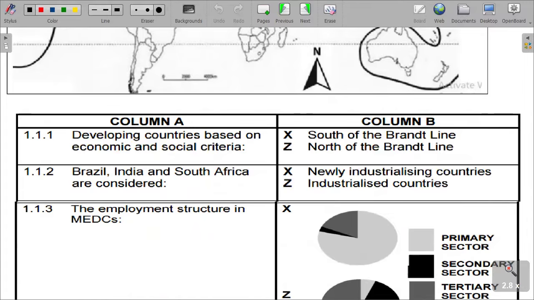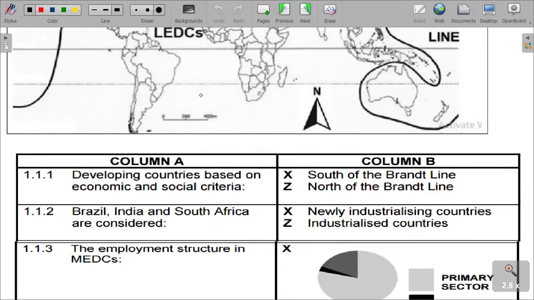The first question is saying developing countries based on economic and social criteria. When they are classified based on economic and social criteria, we are saying they are south of the Brandt line.